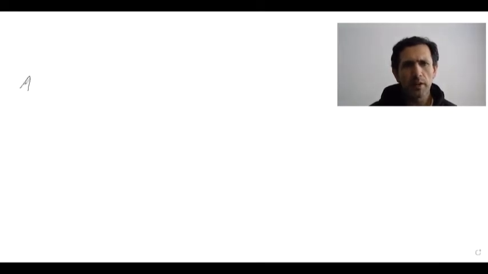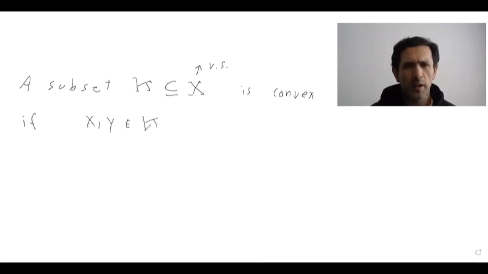So we say that a subset, let's call it capital K, of a vector space, doesn't have to be normed, is convex if x and y in K and t between 0 and 1 implies that tx plus (1 minus t)y is in K.